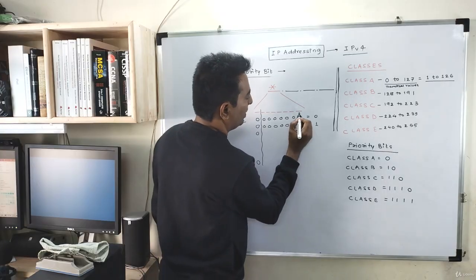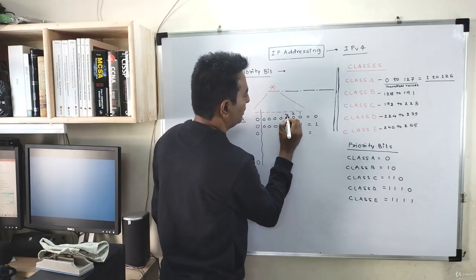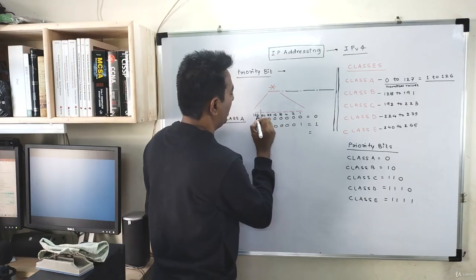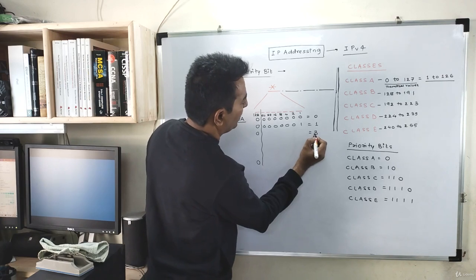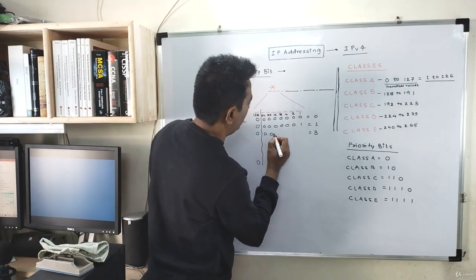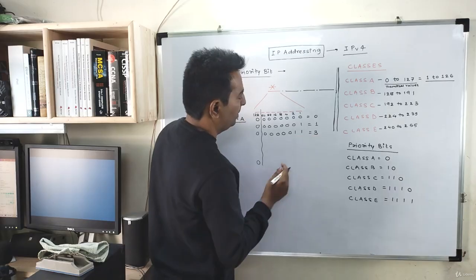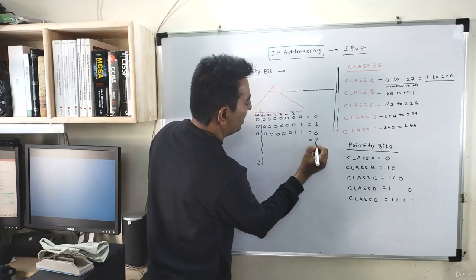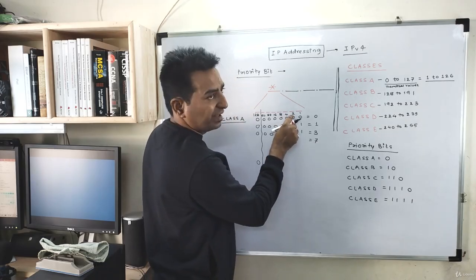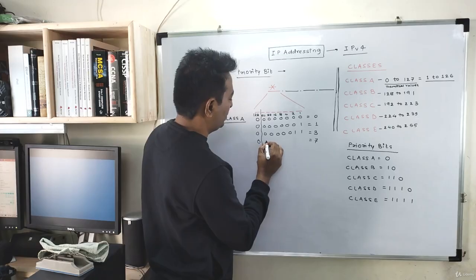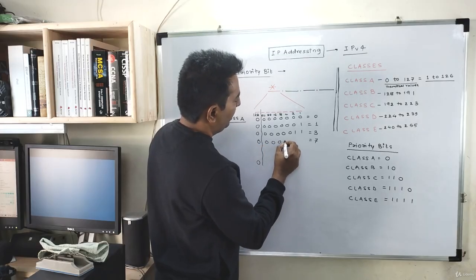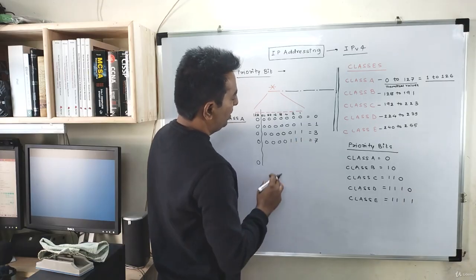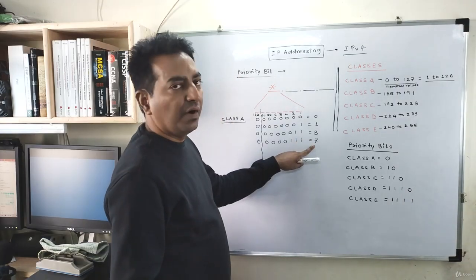You will have to build the logic: 1, 2, 4, 8, 16, 32, 64 and 128. For decimal 3, 2 plus 1 gives binary 3. If I want 7, 4 plus 2 is 6, 6 plus 1 is 7. So this is the binary conversion of 7.